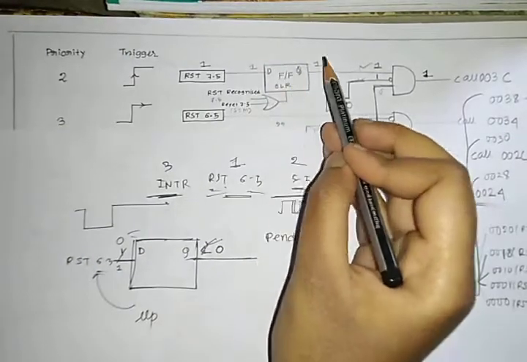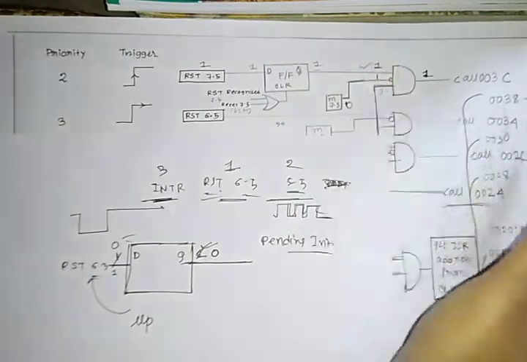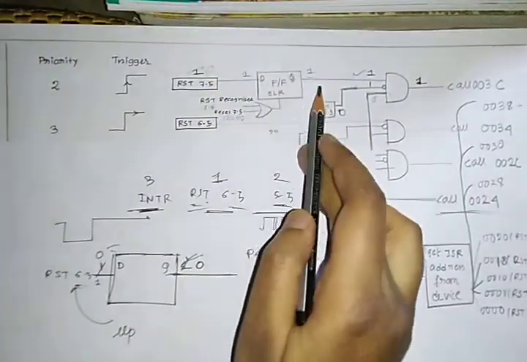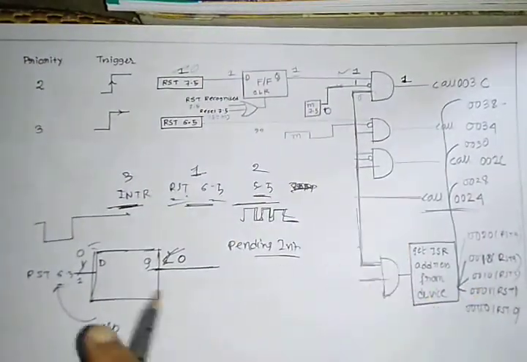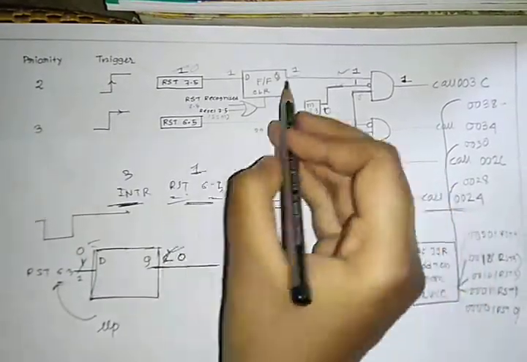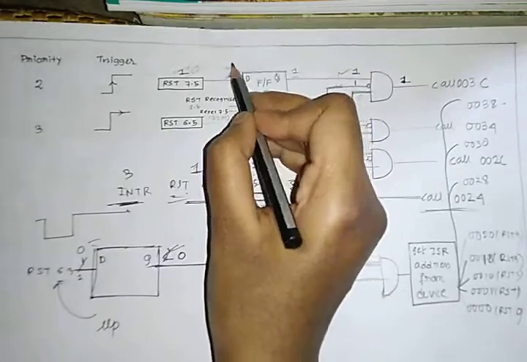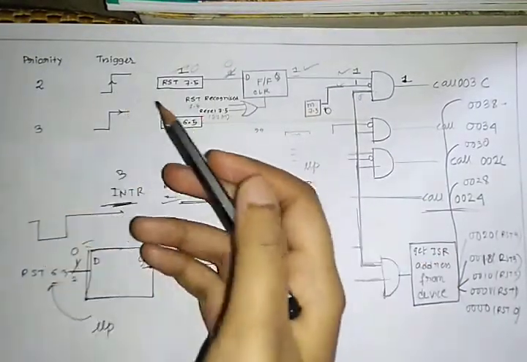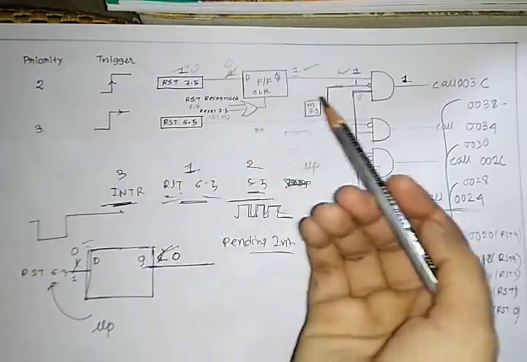You store the value, get 1, it gets performed. But in some case MUP is busy, this goes to 0, but this is still 1. So now the MUP performed this operation, goes back, and then sees that though this is 0, this is producing 1. So now MUP will go check RST 7.5 and perform some operation.